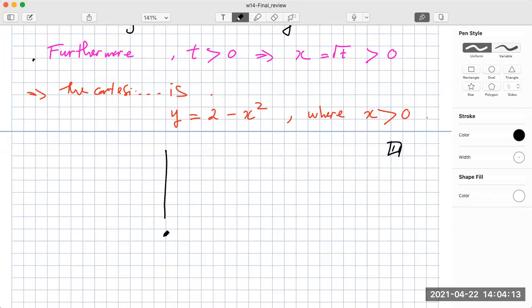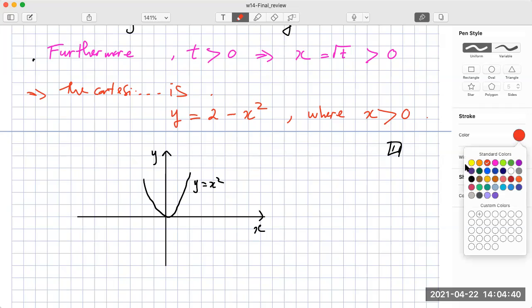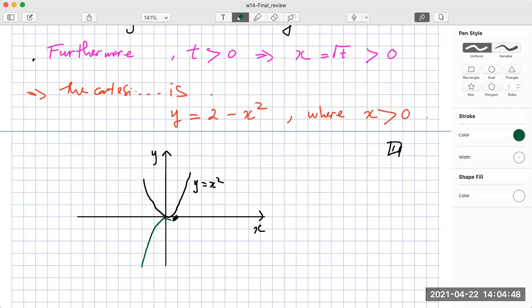But let us understand a little more here. We've been playing a lot with this special case, the even function. When y is equal to x squared, what is the negative of x squared? It will be flipped, right?